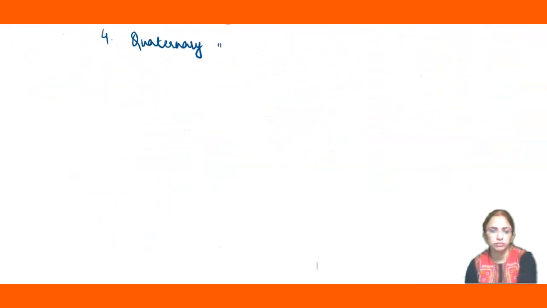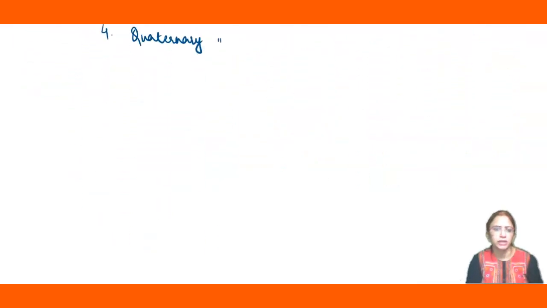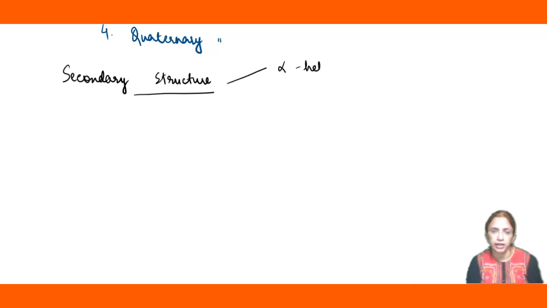Secondary structure would be a bit more complex than the primary structure, okay? So secondary structure is seen in two forms. It could be alpha helix or it could be beta pleated sheet, okay?